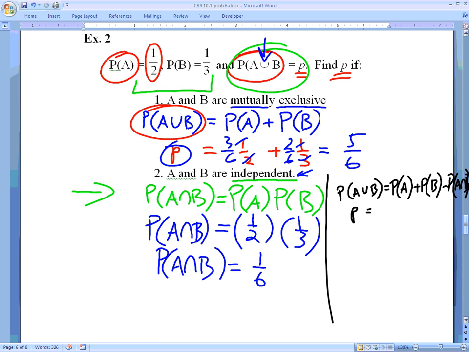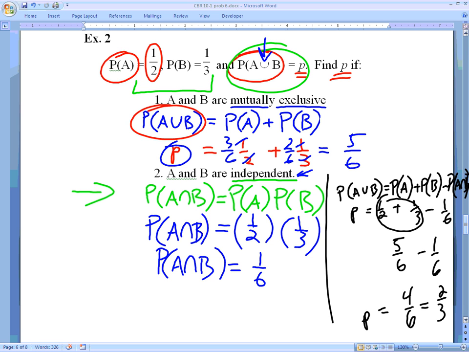Probability of A is 1/2, B is 1/3, A and B is 1/6. So if we add these together, we already know that becomes 5/6. 5/6 minus 1/6 gives us 4/6, or 2/3. So little p equals 4/6 or 2/3 if they're independent.